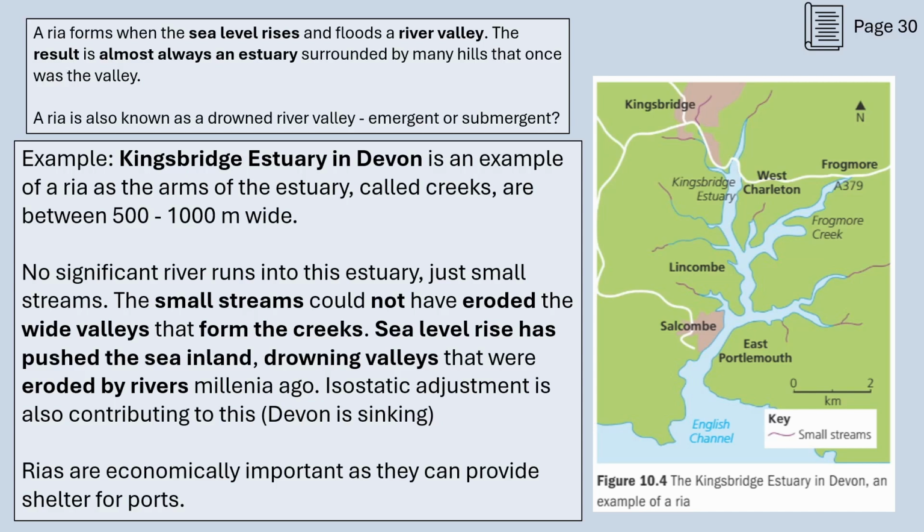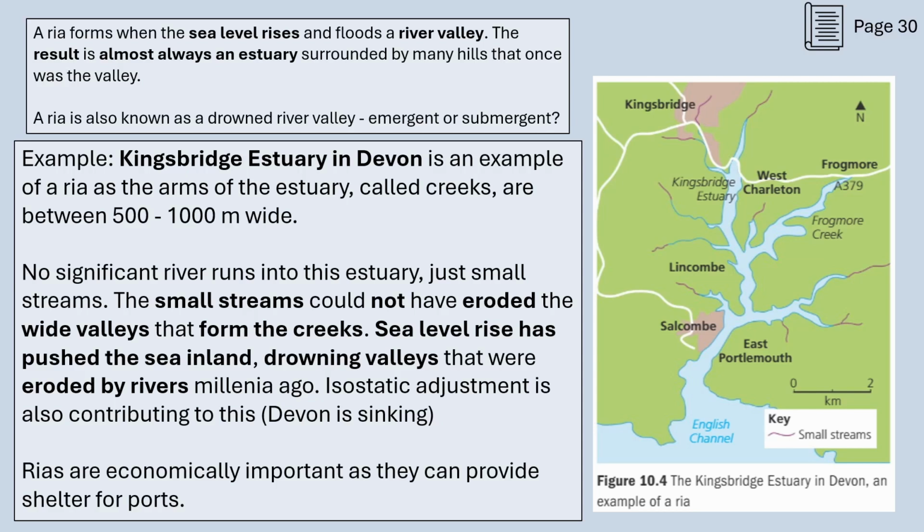Now, the examiners want you to understand and appreciate that other processes contribute to the formation of this type of coastline. It's not just to do with sea level rise. The fact that rias are present is a reflection of there being a fluvial or river system here. It's really important if you want to achieve top marks to mention all processes that contribute to the formation of a type of coastline.